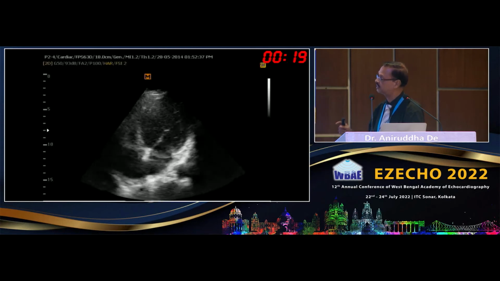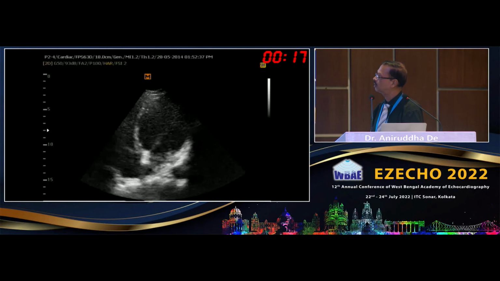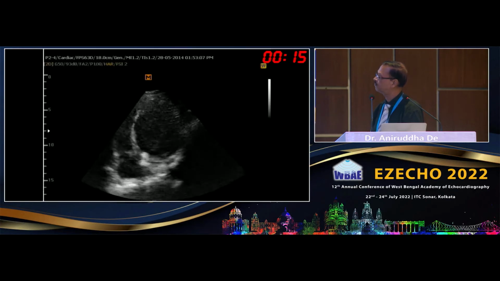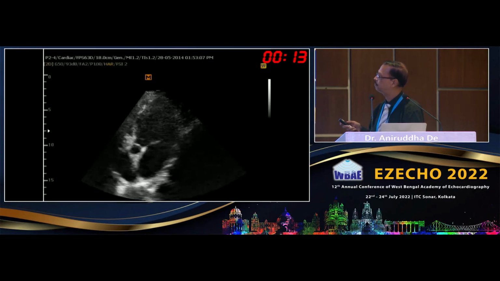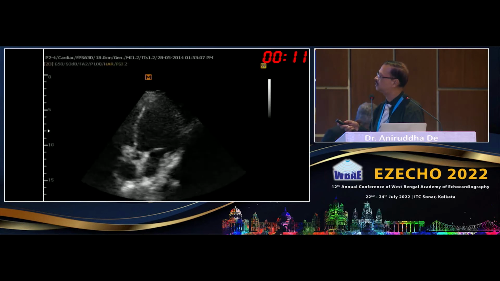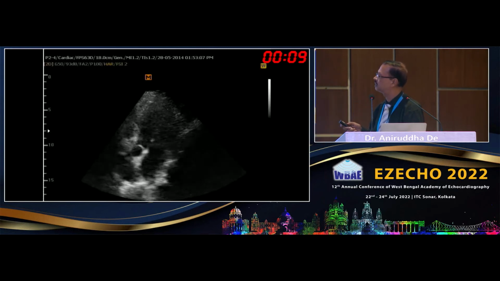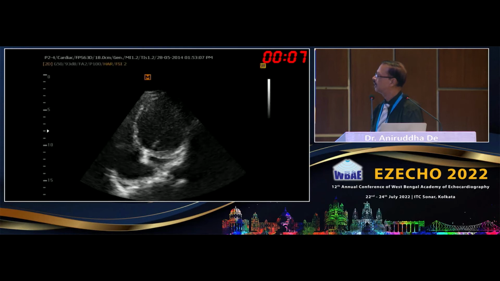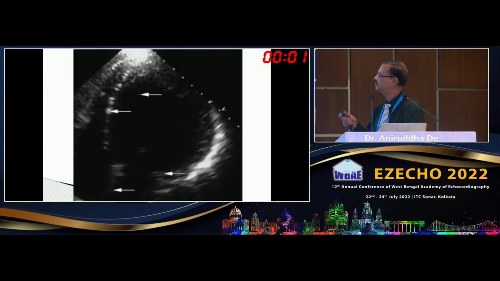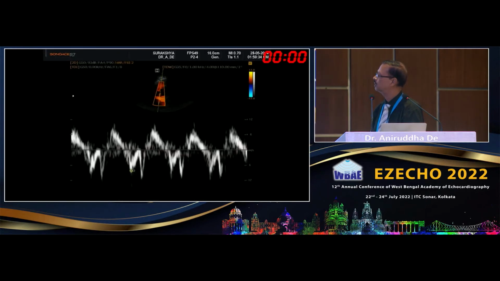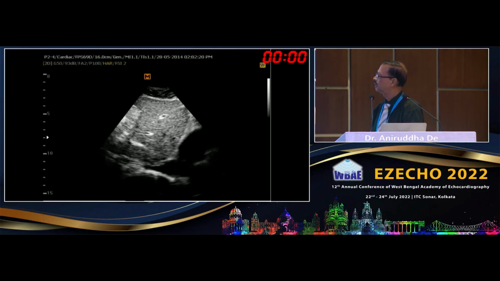I'll go to the ventricular septum very carefully, and you see some beaded appearance with thinning, basal and mid thinning. These beaded appearances are very characteristic of granulomatous infiltration.